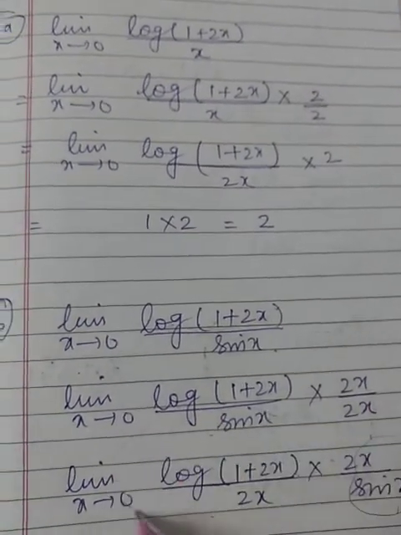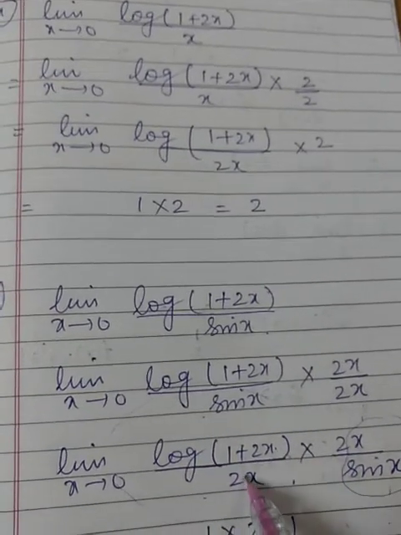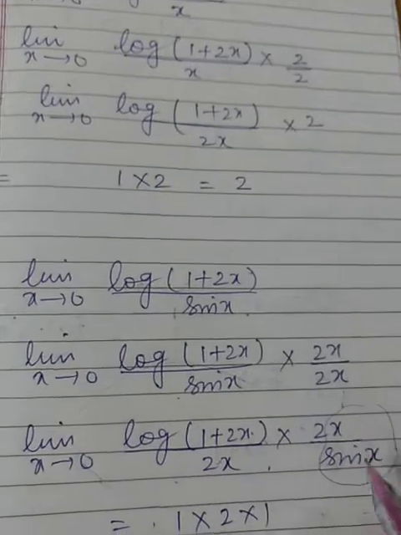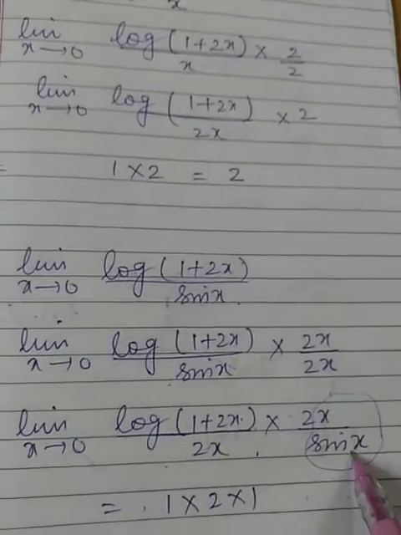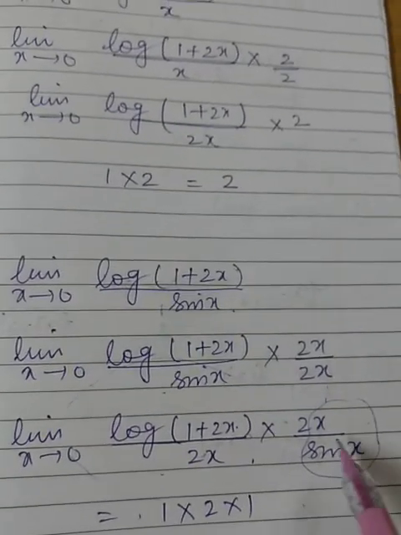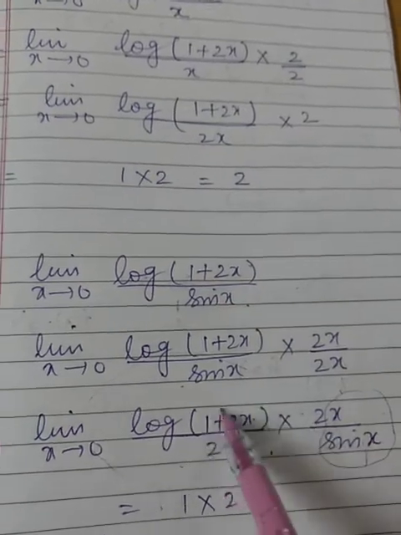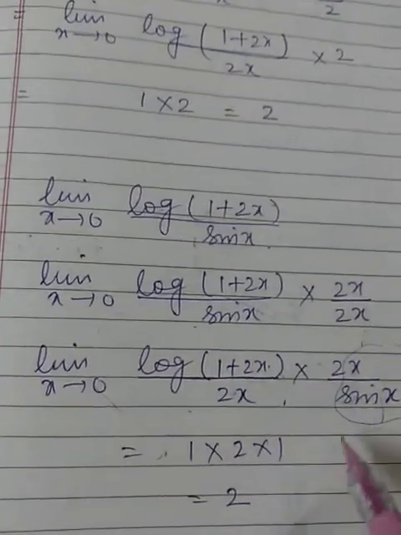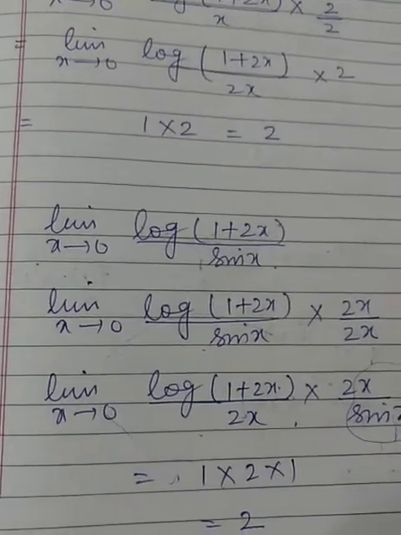So this is log(1 plus 2x) upon 2x, a standard limit, which is 1. Here x upon sin x is the reciprocal of the standard limit, that is also 1, and this 2 is left. So this is 1, then this is 2, and this is 1. So the final answer is 2.